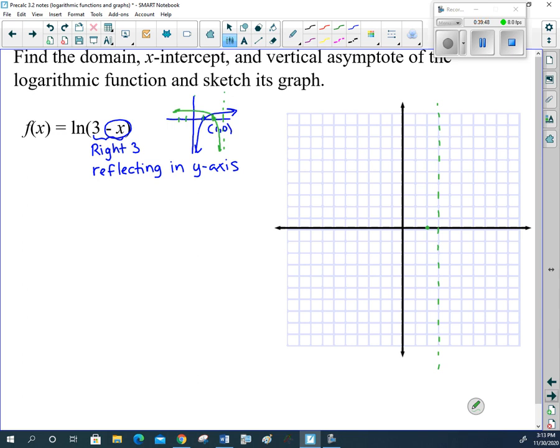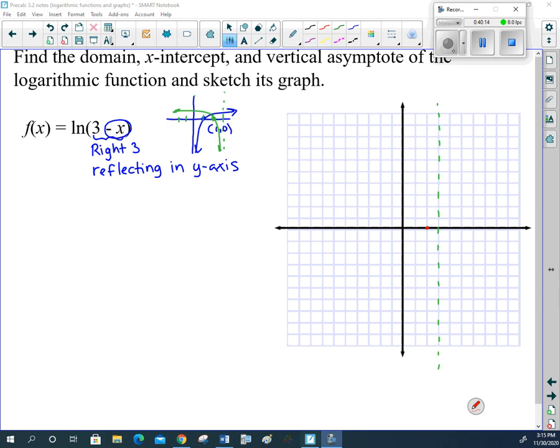So let me count that out just so you can see what happens. So normally, right here is the normal key point, but if I move it right 3, 1, 2, 3, and then I reflect it, oops, I got off one, just a minute.